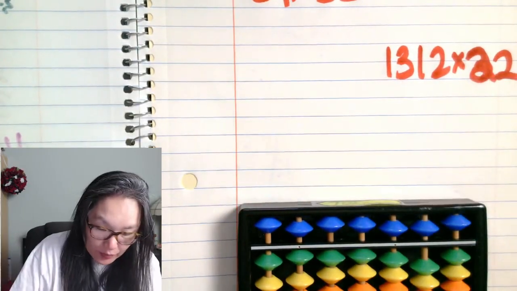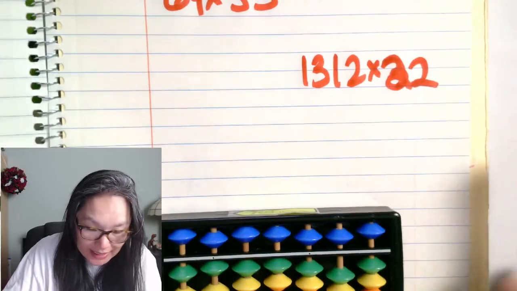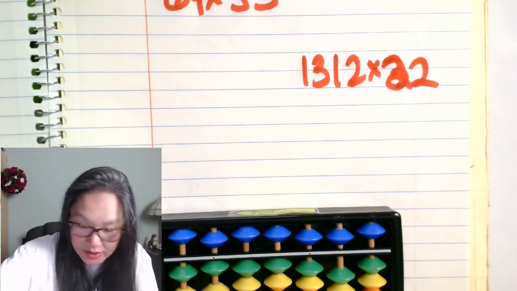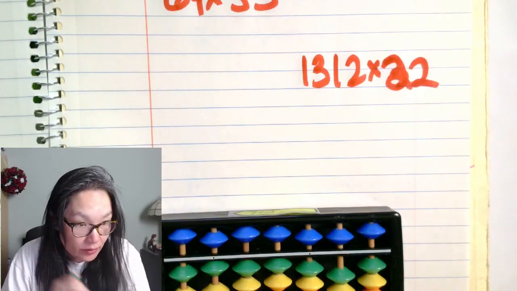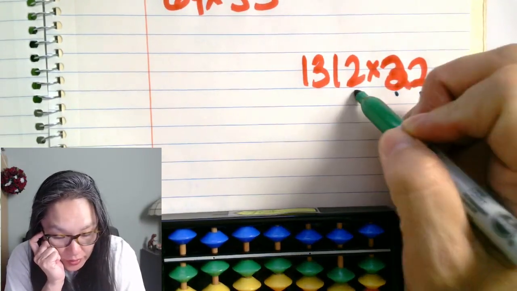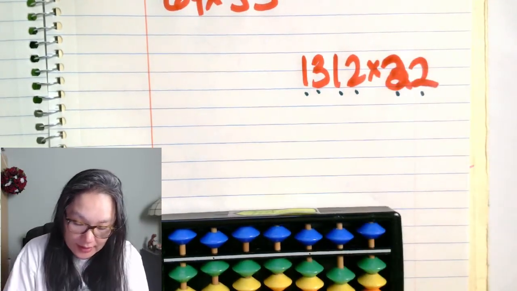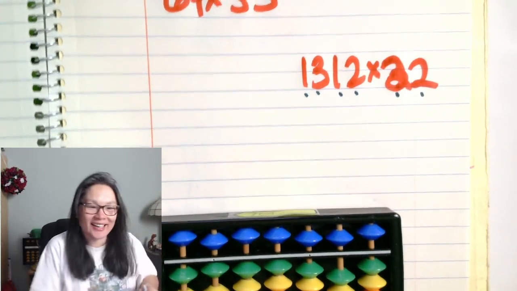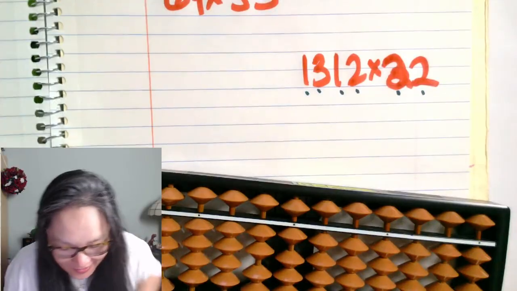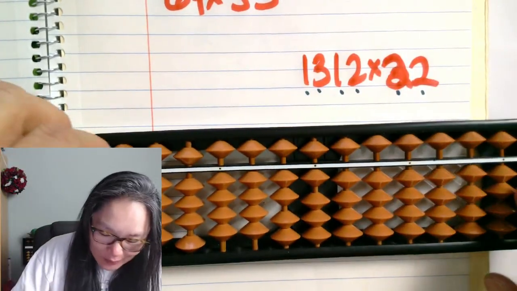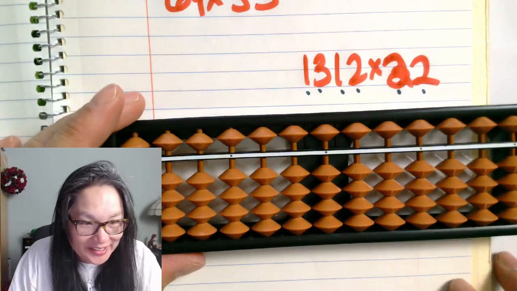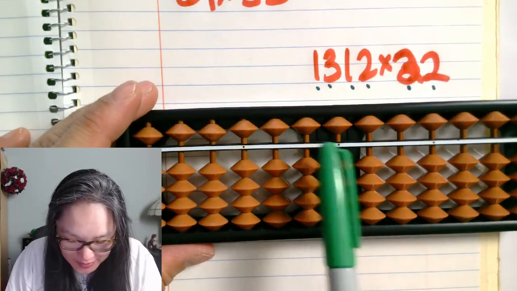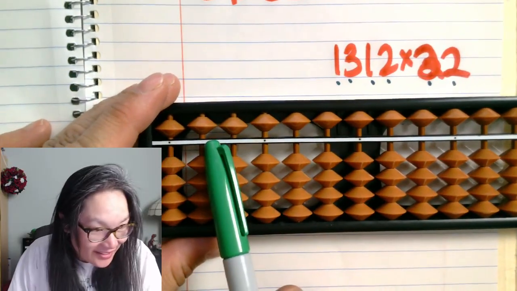So again, what are we going to do? We've got to count our digits. To count our digits, we have to count them all together. So 1, 2, 3, 4, 5, 6. I've got to use a bigger abacus. All right, there's my bigger abacus. It works the same. I just don't have enough columns. 1, 2, 3, 4, 5, 6.